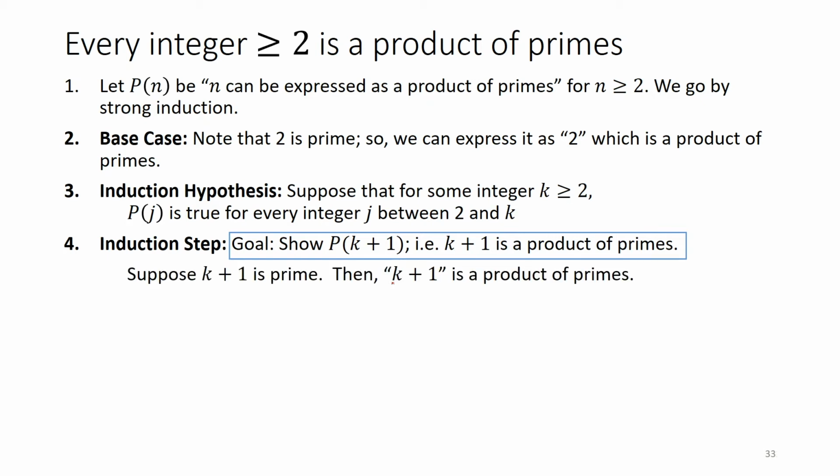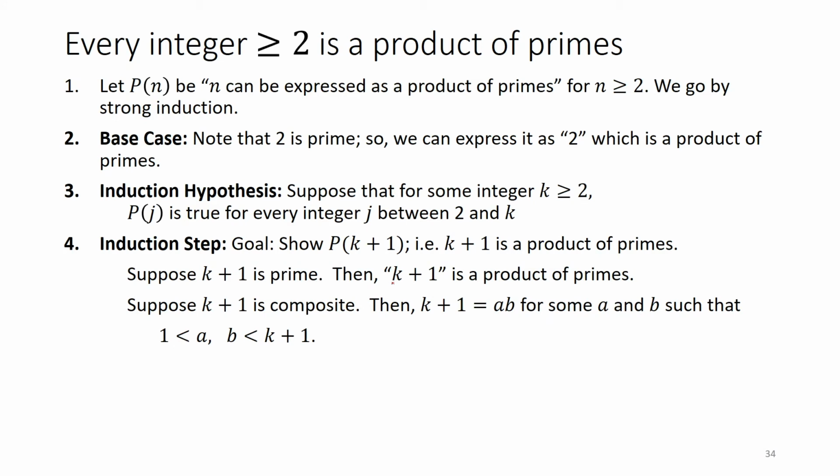So we consider two cases, prime or not. When k plus 1 is prime, then k plus 1 is simply a product of primes. If it's composite, then k plus 1 is a product of two numbers, a and b.